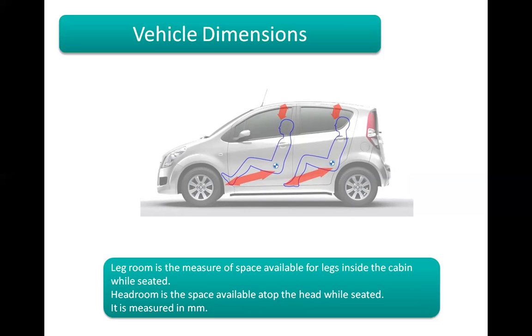It is measured in millimeters. So that is leg room and the headroom. The distance or space available inside the cabin while seated is the leg room, and headroom is the space available atop the head while seated. It is measured in millimeters.